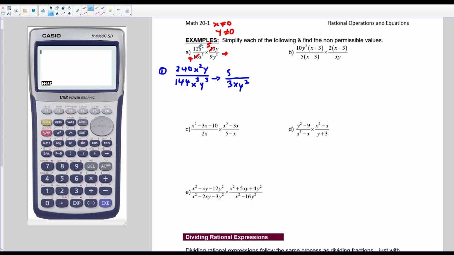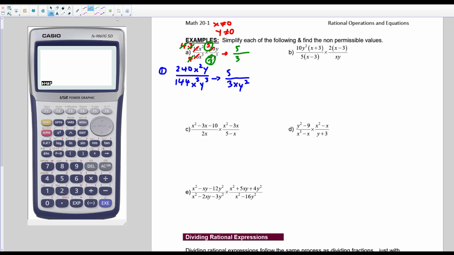And what I can do now with the 12 is I can actually get rid of this or rewrite it as 4 times 3. And then this now allows me to get rid of a 4 on the top, a 4 on the bottom, because I can divide both 3 and the 9 by 3. I can get rid of the 3 here, and this is now a 3 there. So we can see that the 5 and the 3 are all that's left over in terms of our coefficients.